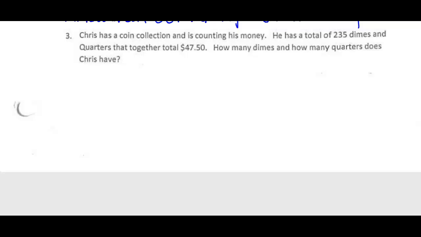Chris has a coin collection and is counting his money. He has a total, there's that word, total of 235 dimes and quarters that together total $47.50. So I have my two totals. I'm going to put them here in the middle. I have 235.